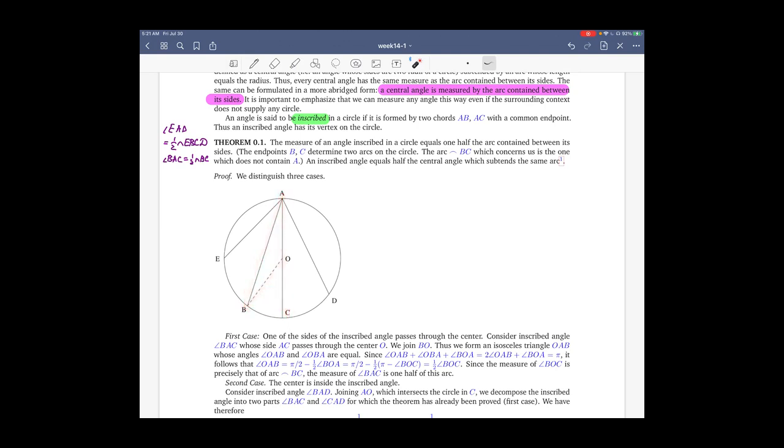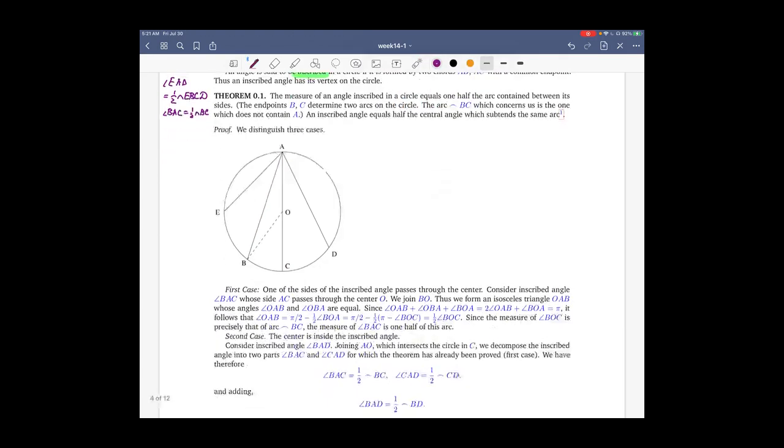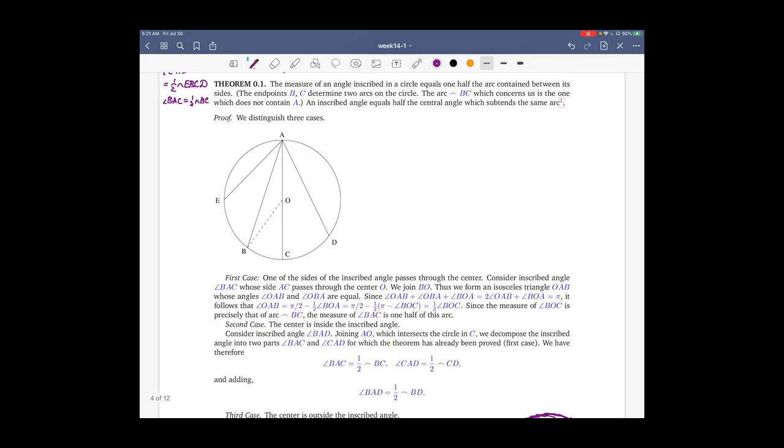For instance, as we will prove in a minute, the angle BAC is half the angle BOC.